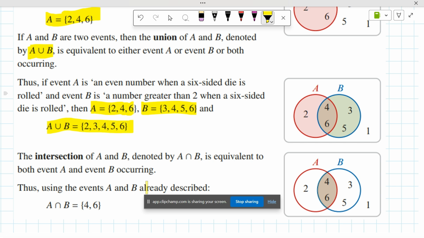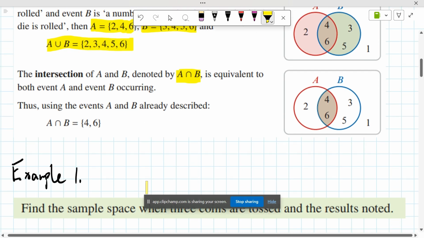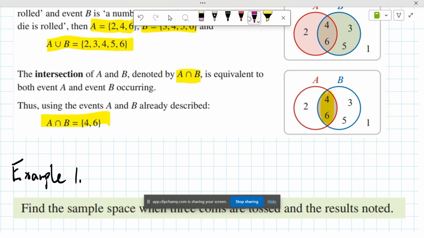We also have something called the intersection, using the upside down union symbol. So 4 and 6 in the middle will be your intersection. This is all basic knowledge from before.